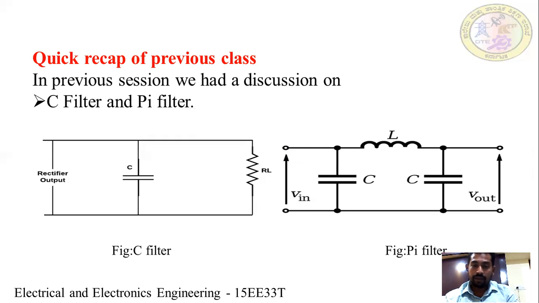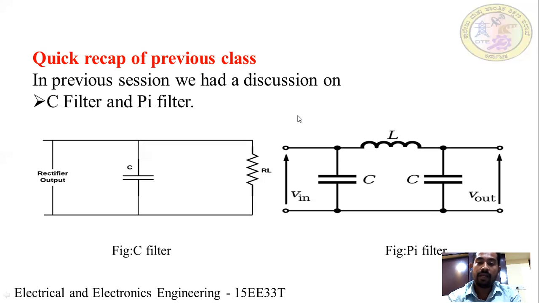If the input of the bridge rectifier circuit is given to the capacitor C1, this capacitor C1 offers a very low reactance path for the AC content.